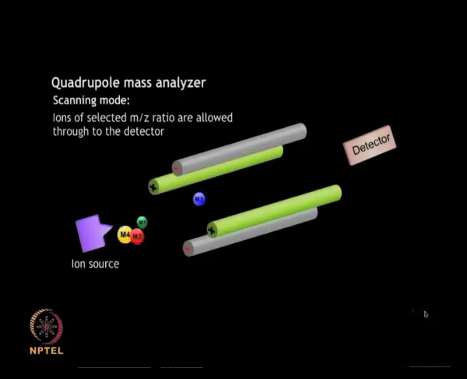A range can also be entered, in which case only specific ions satisfying the criteria move towards the detector and the rest can be filtered out.